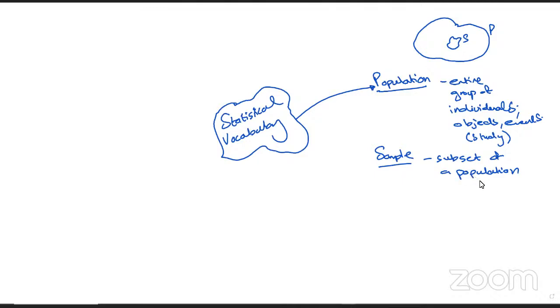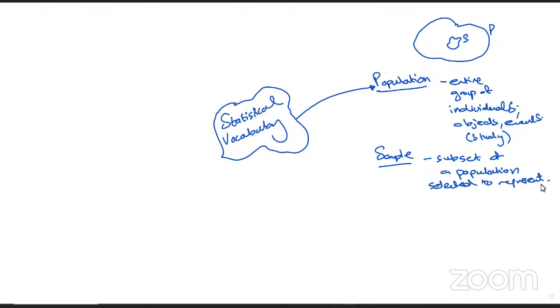So it's not just any group anyway. It's a subset of the population which is selected to represent the larger group. It is used to gather information or draw conclusions about the entire population.